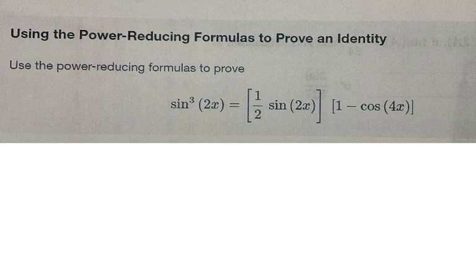Again, I may completely butcher this, but we'll see. So if I have sine cubed of 2x, I could write that as sine squared of 2x times sine of 2x. I'm breaking the cubed apart to be a squared times the first power. So it's the same thing.